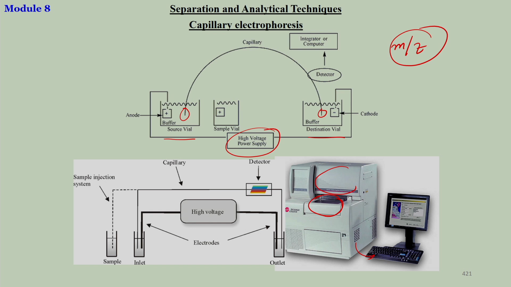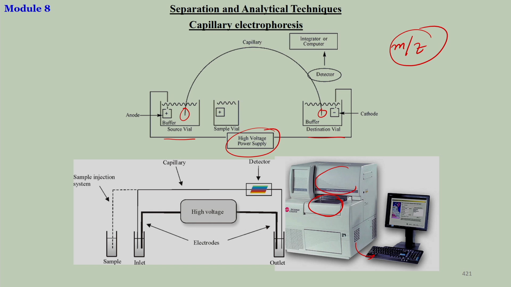Those electrodes would be dipped in buffer first, then if you send a voltage across the capillary, your buffer would be moving across the capillary. So, first your capillary would be filled up with the buffer, buffer means salt.